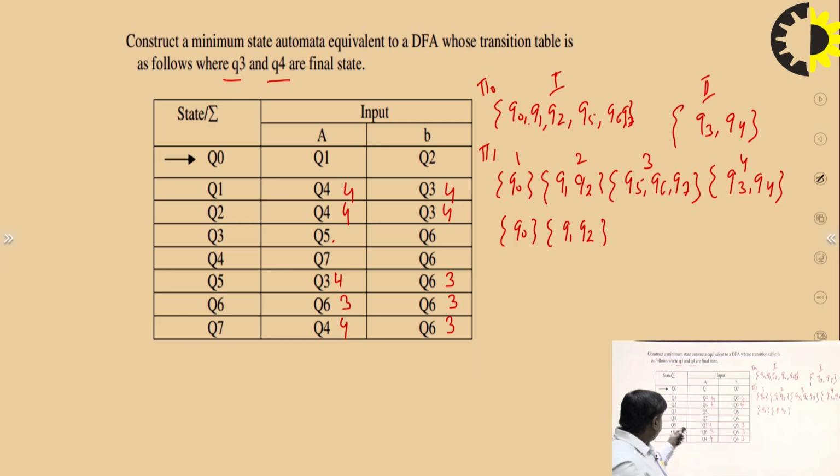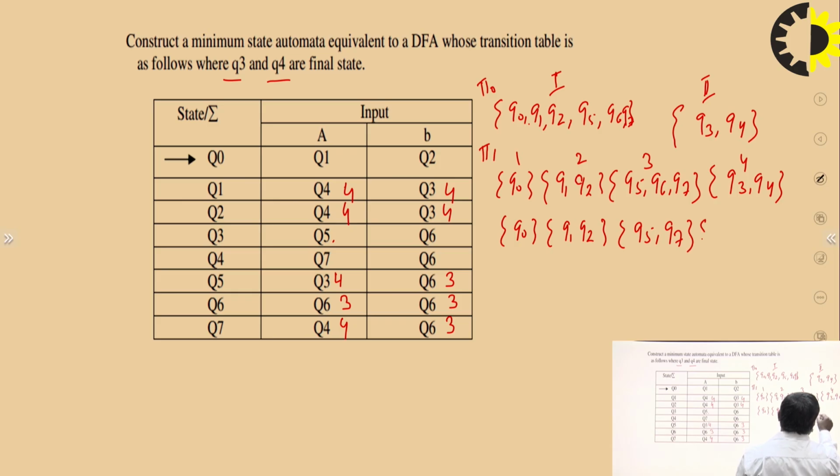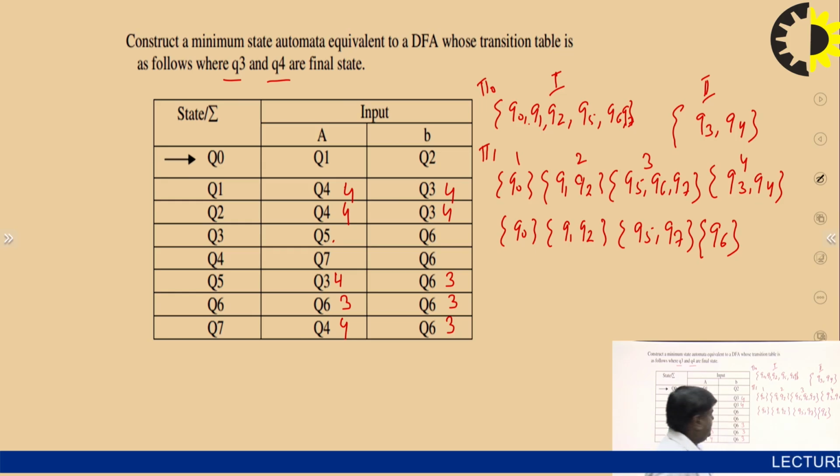It means Q5 and Q7 have similar behavior, and Q6 has a different behavior, so it lies in a different set.